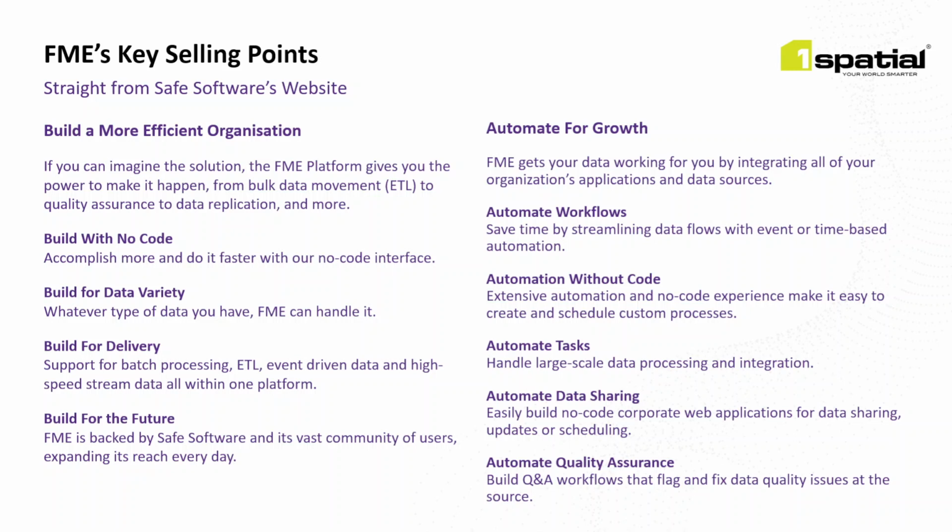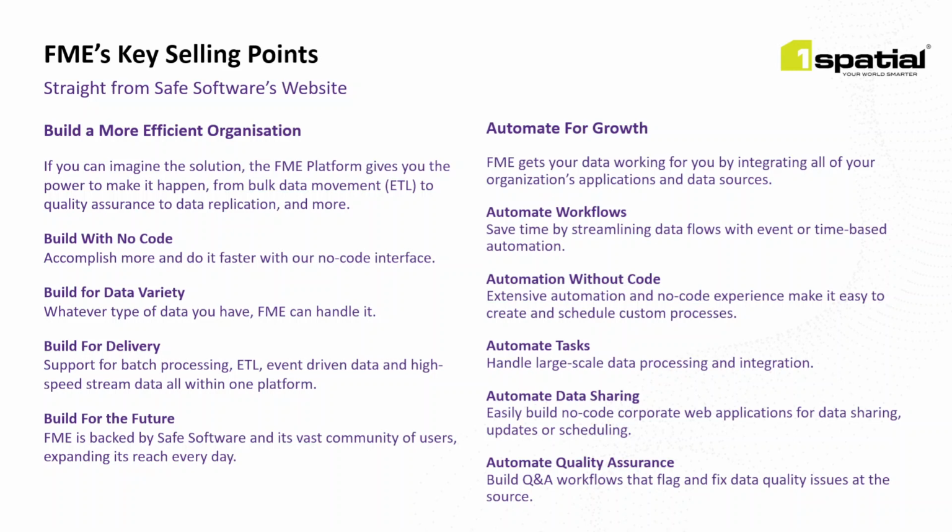The second one to cover is automate for growth. FME gets your data working for you by integrating all of your organization's applications and data sources. Automate workflows. Save time by streamlining data flows with event or time-based automation. Automation without code. Extensive automation and no-code experience makes it easy to create and schedule custom processes.